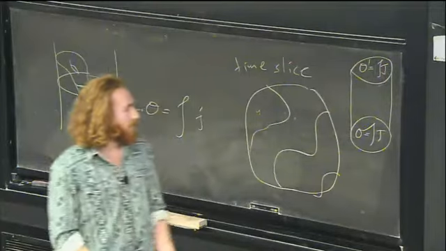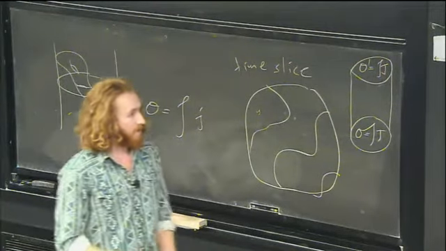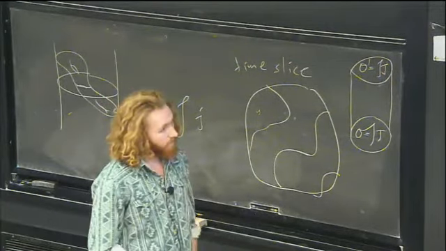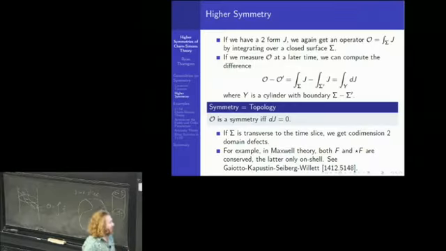And now the difference between these integrals is the integral of dj over the cylinder. So again, we get that this operator commutes with the Hamiltonian if dj is 0.